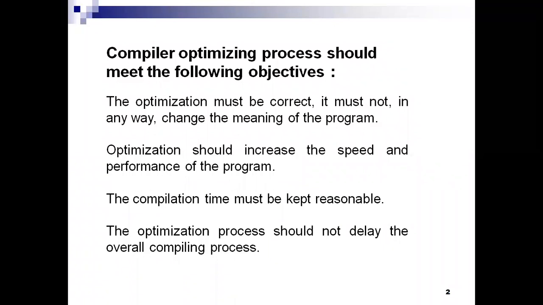This is the most important thing. Wherever you apply optimization techniques, the main objective is that you should not change the meaning of the program. Whatever meaning the program had before optimization, it should have after optimization also. So the meaning should not be changed, right?